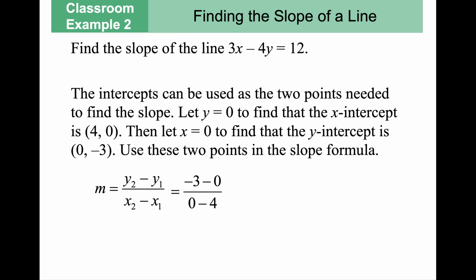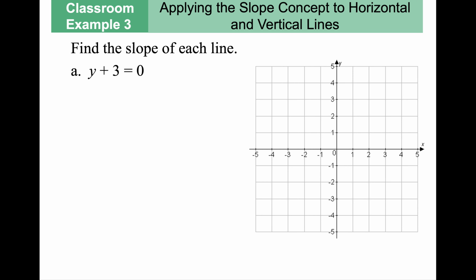So if I plug in 0 for x, I get -3 for y. If I plug in 0 for y, I get 4 for x, and that's where these 2 points come from. Then I'm going to plug those into the slope equation to get 3/4. So when you're given an equation in standard form, you can find the x and the y-intercepts, which gives you 2 points, so you can use the slope formula.